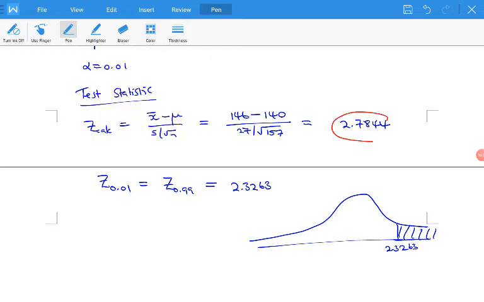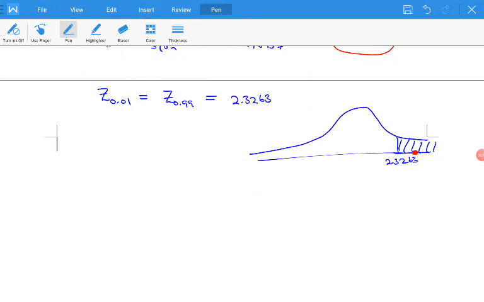So this is our test statistic, and we reject the null hypothesis if it falls here, and we can see that it's somewhere around here. So our decision rule, don't forget to put your decision rule.